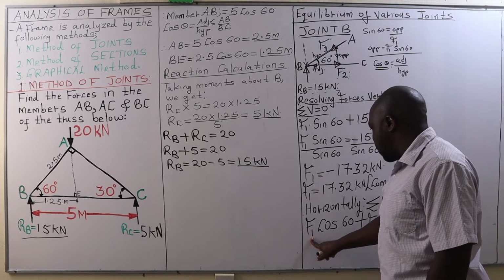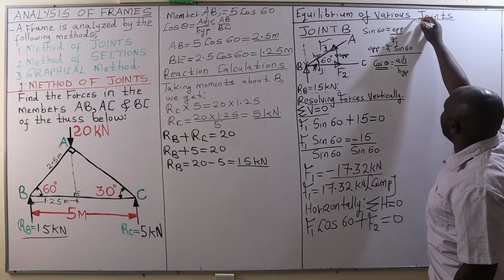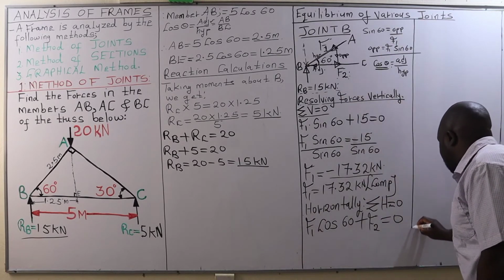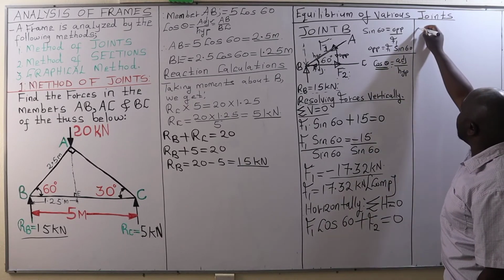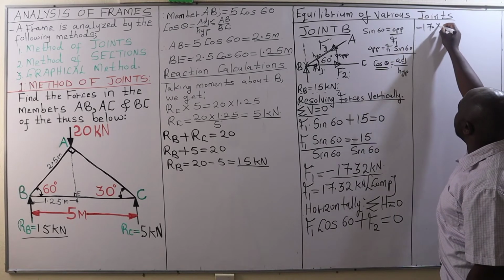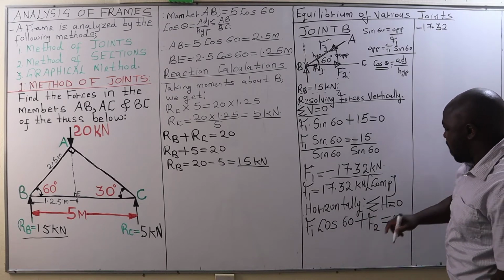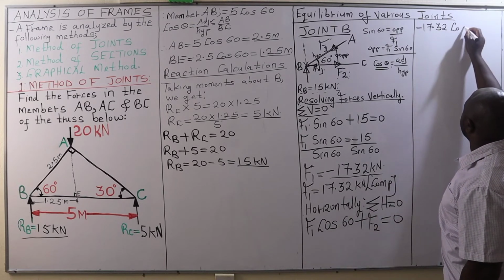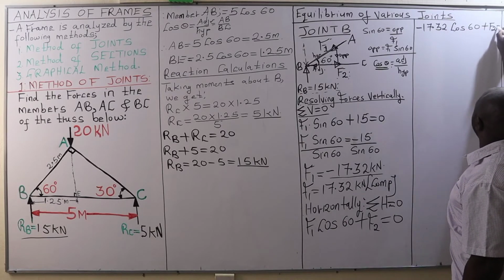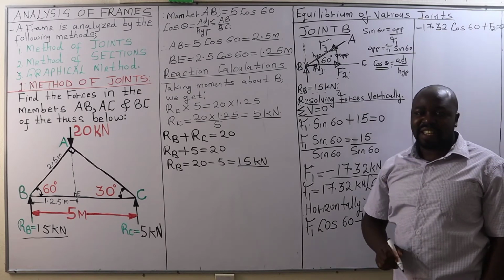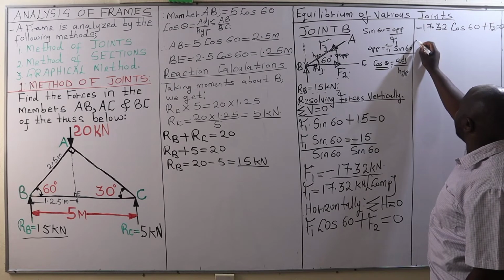Now we have the value of F1, which is negative 17.32 kilonewtons. Therefore we can bring it in at this point. So we have negative 17.32 kilonewtons multiplied by cos 60 plus F2 equal to 0.